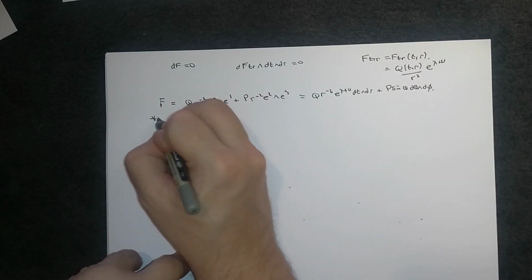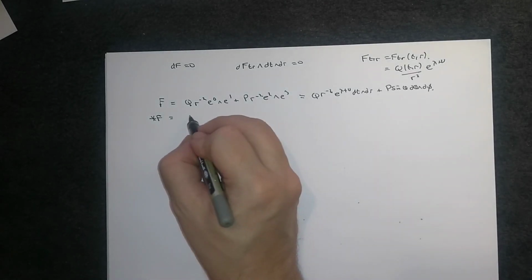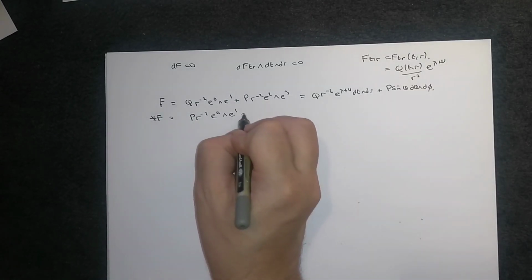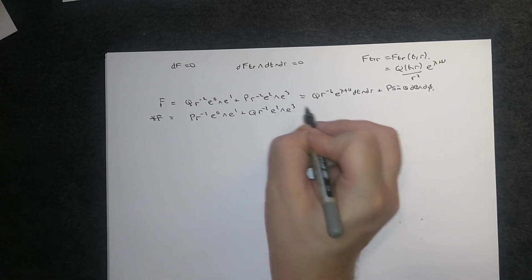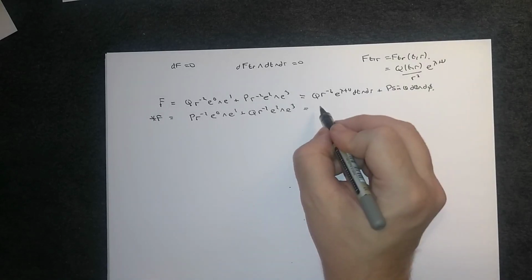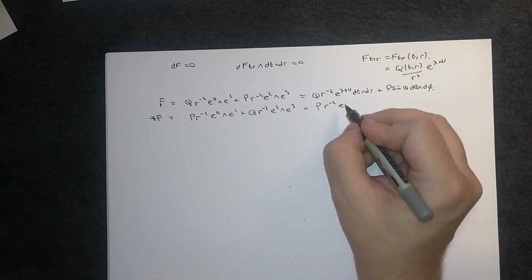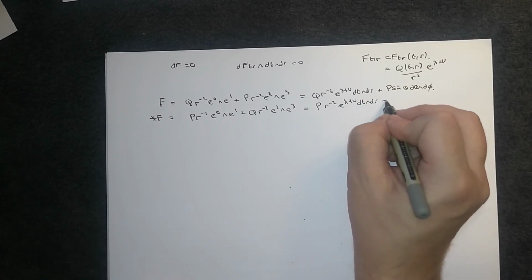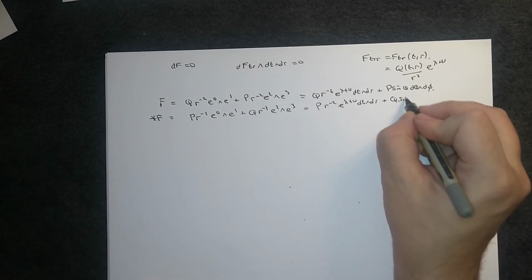And now we can compute the Hodge dual of that. So we get p r to the minus 2 e0 wedge e1 plus q r to the minus 2 e2 wedge e3. There should be an additional minus sign in front of the p in this equation.